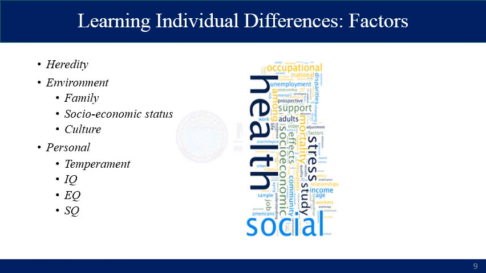The differences are also on the personal level, such as their temperament to manage or understand the differences, their IQ, their emotional quotient, or their spiritual quotient. So keeping in mind all of these differences, the goal should be to educate everyone in the best possible manner so that their end objective is met.